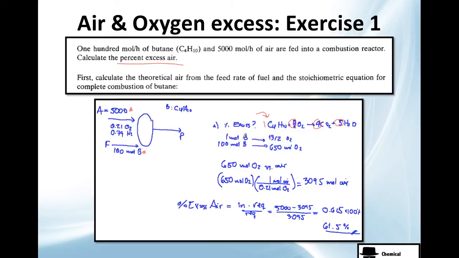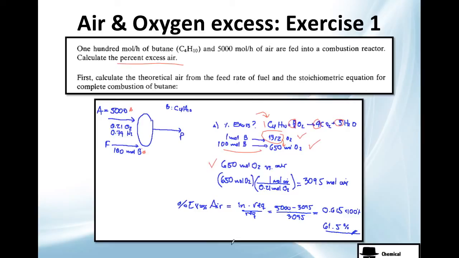And from this we know 1 mole of butane needs 13/2 moles of O2, so therefore 100 moles of butane will be just this number times 100. So we have the theoretical moles of oxygen needed.